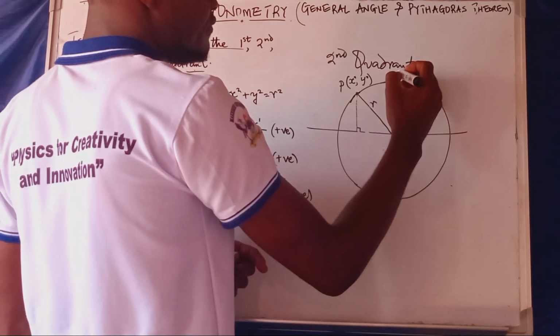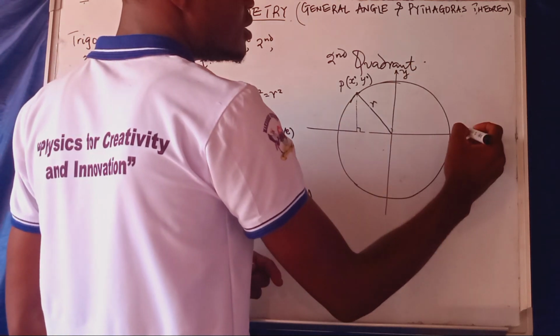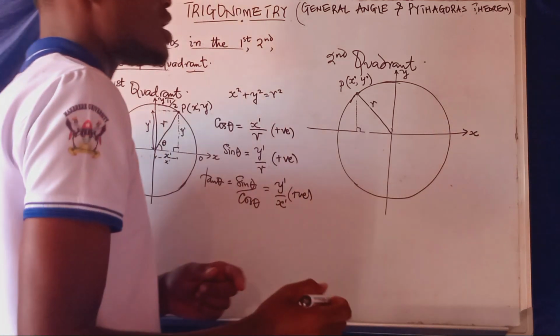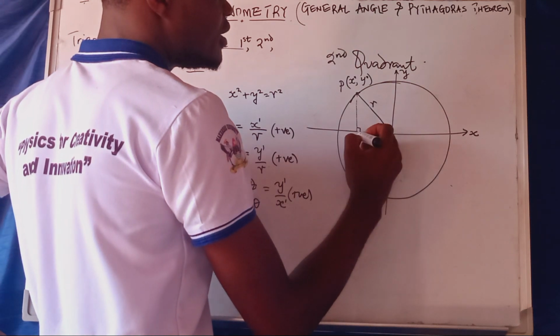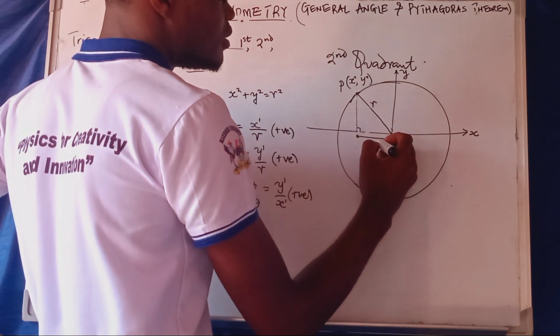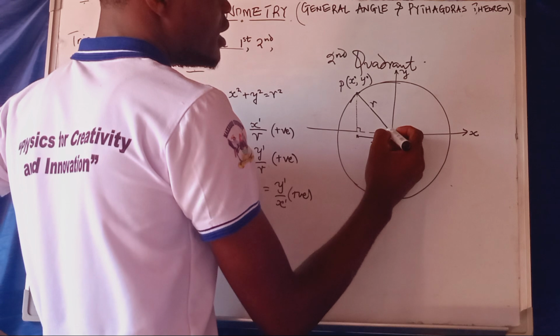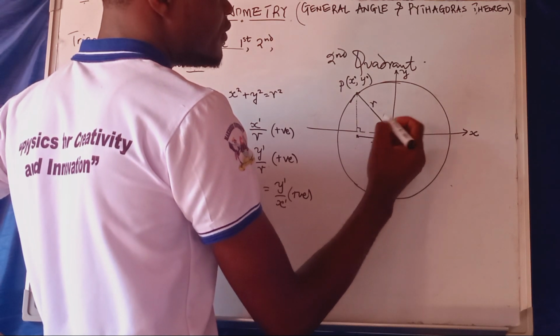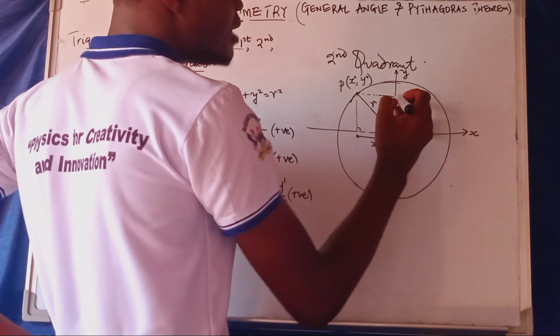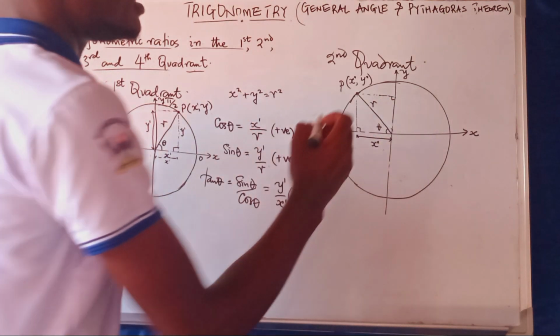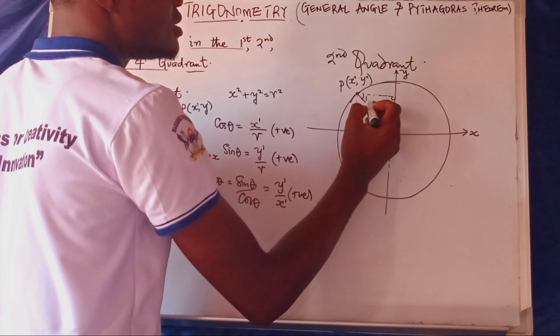So you see, if this is the y and this is the x, it means that our x star is this length here. And this is the angle theta. In some books you shall find that they are using this as the theta.